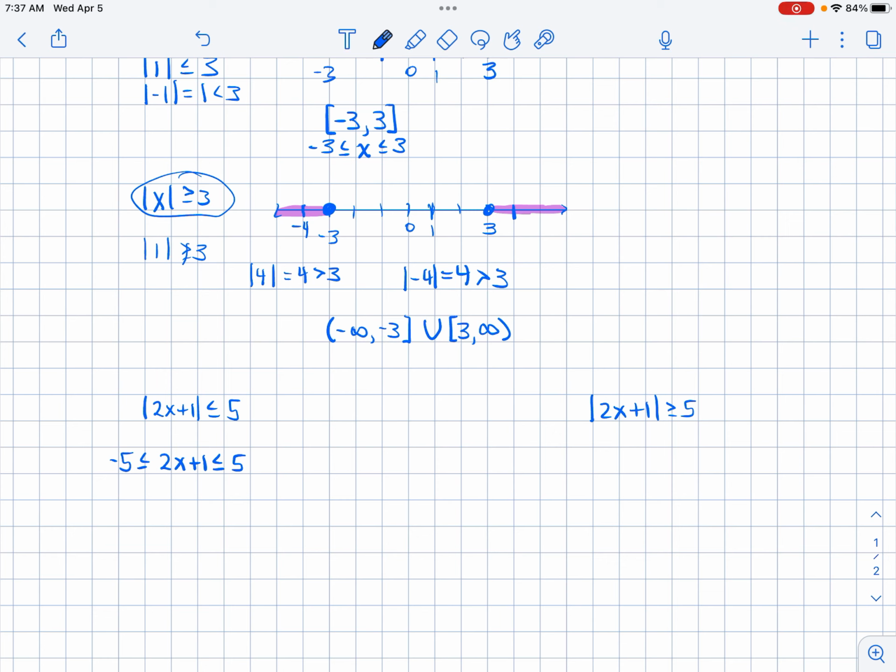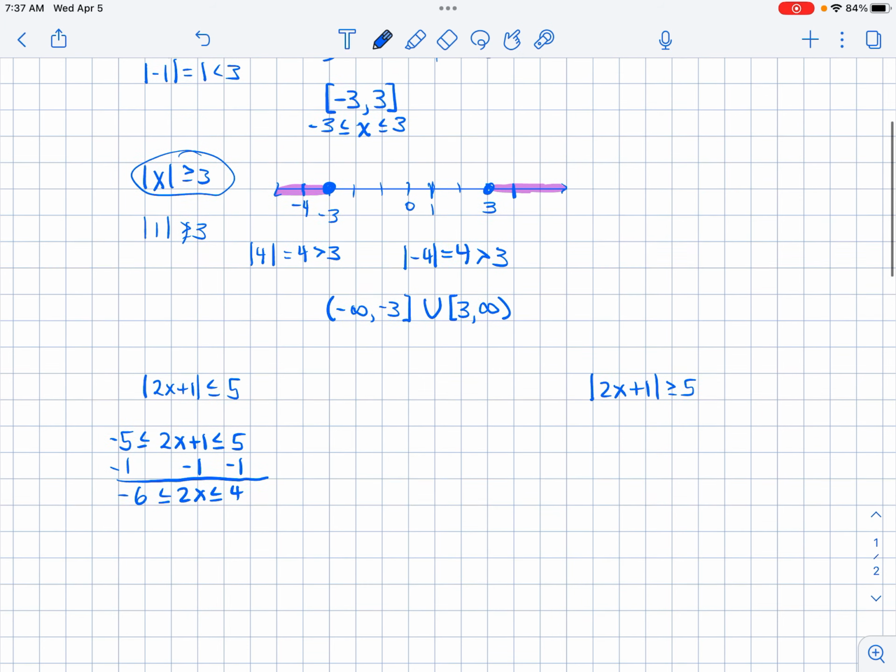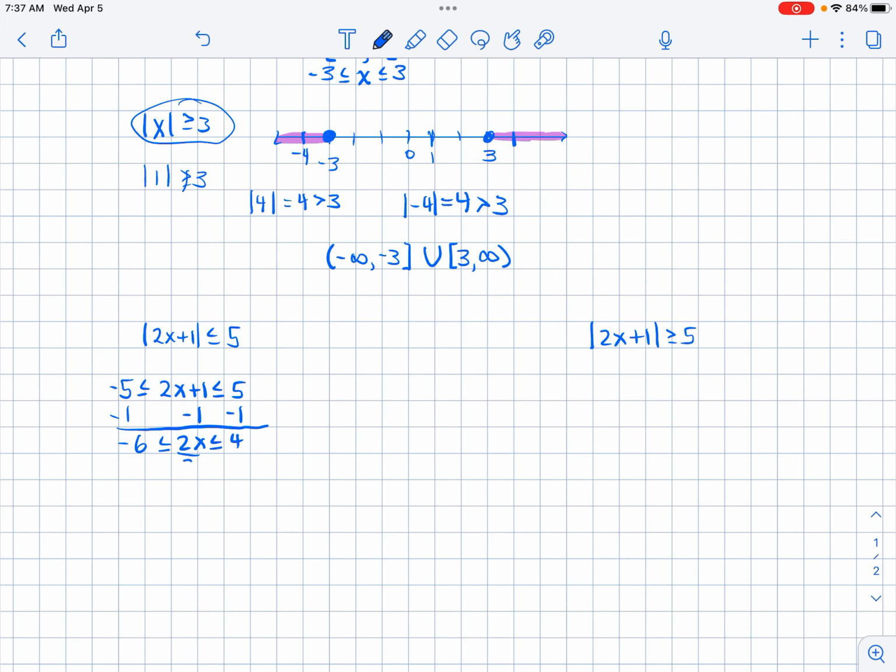So this is the inequality, and we have to figure out, well, how do we solve that? Well, I'm going to subtract 1 from all three regions. I get 2x less than or equal to 4, greater than or equal to negative 6. Okay? Then I divide by 2.